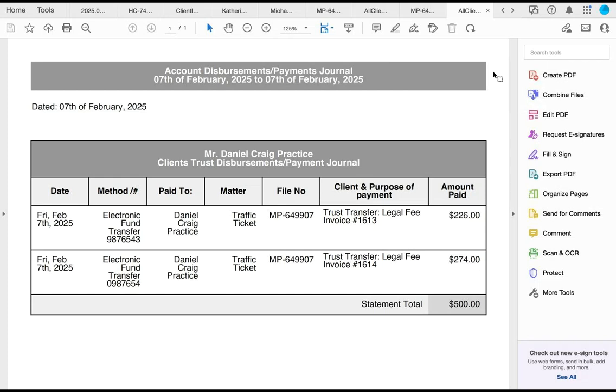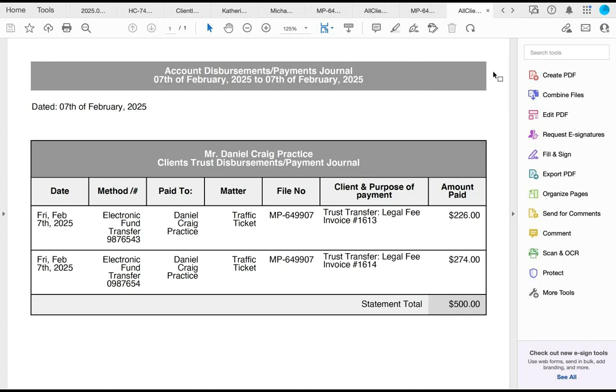If you're looking for something called as excluding disbursements, let's say for this, for example, this particular invoice had both legal fee and disbursements, but you had transferred only the legal fee here. The disbursements part is shown under the disbursement journal.